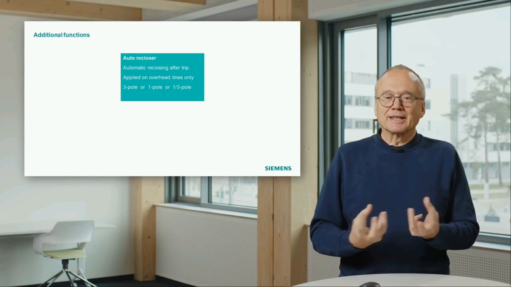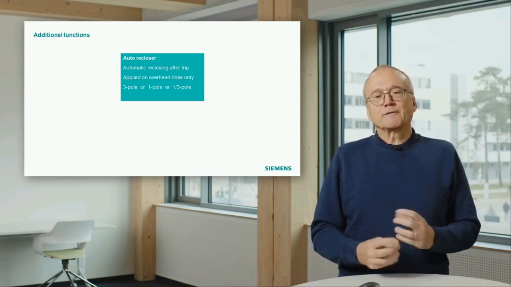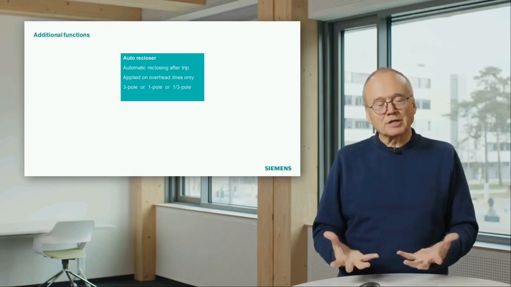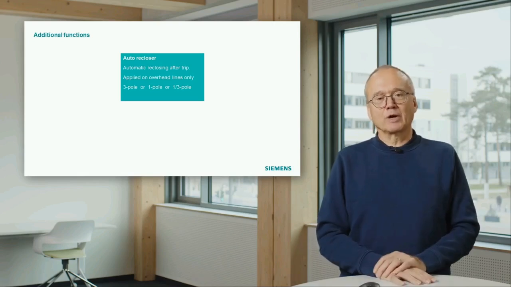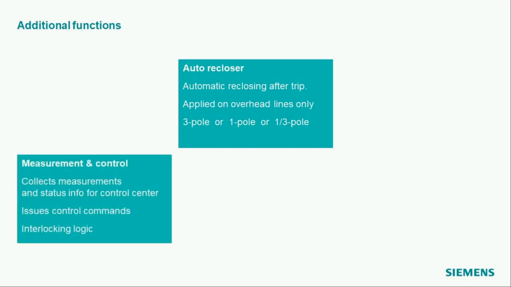So you see that makes the function a bit complicated. There are different concepts in operation depending on the type of breaker and the type of system you have, and the function has to be adaptable to these different concepts. That was auto-reclosing.